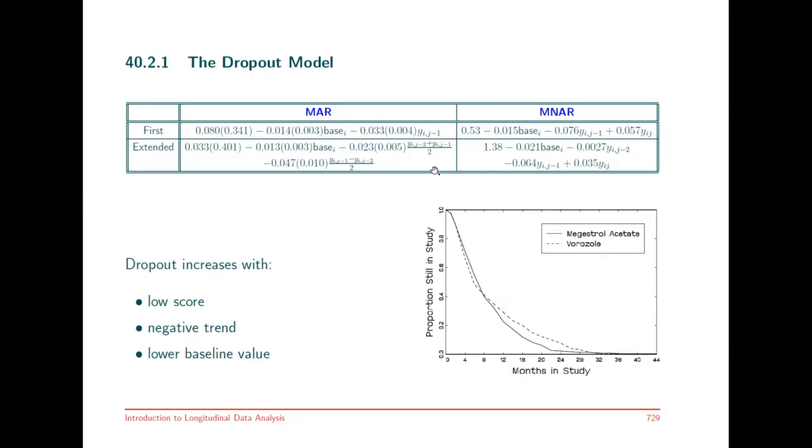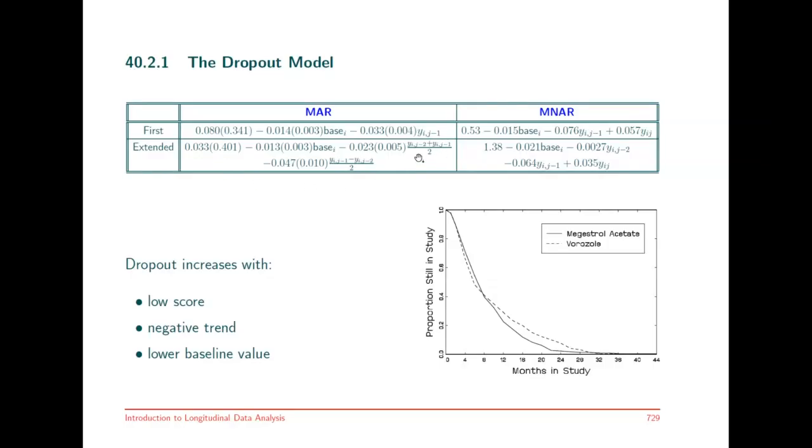And of course, we can extend the missing at random model in the same way by not only using the previous outcome, but also the outcome before that. In doing that, it's still missing at random because the previous and the one before are observed, but it allows us to look at the difference and the average.